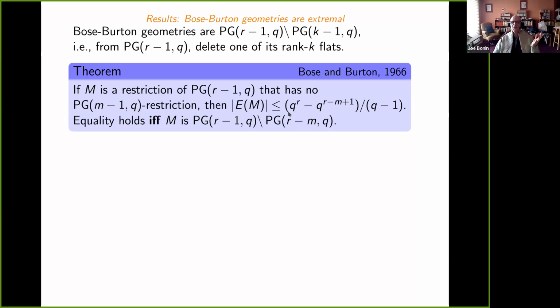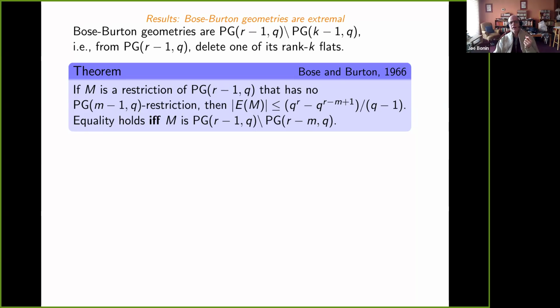You have an upper bound on the number of points that is the size of PG(r-1,q) with the size of PG(r-m-1,q) removed, and the extremal example is exactly that. That's why these Bose-Burton geometries are interesting because of this theorem. They turn out to have a lot of other interesting properties.